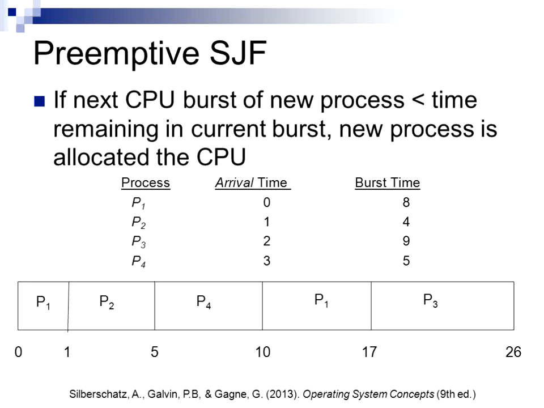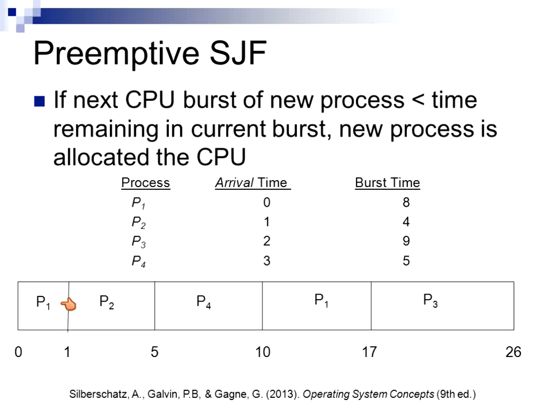So here we look at these processes. They arrive at certain times and they have a certain burst time. Here's what happens. P1 starts executing. It only executes one unit before P2 enters the system.